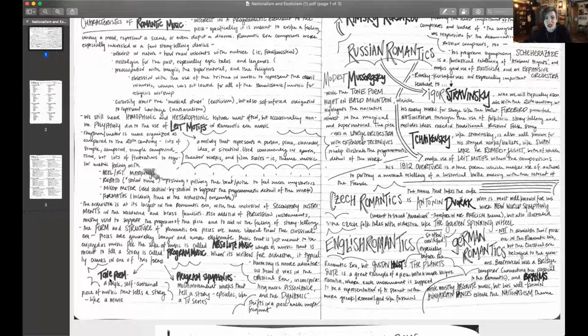Programmatic music generally takes two different kinds of forms. Tone poems, which are single, self-contained pieces of music that tell a story. It's like a movie. There's no break in the storytelling narrative. Or it's a program symphony, a work that is divided up episodically into multiple sections or multiple big chapters.